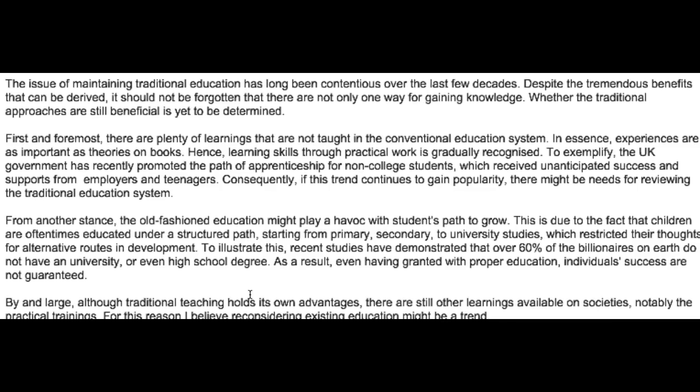This is due to the fact that children are oftentimes educated under a structured path. How many times have we mentioned path? 3 times. So be careful. Are often educated under a structured manner, starting from primary school to university studies, which finally often restricts their thoughts regarding alternative routes and development.